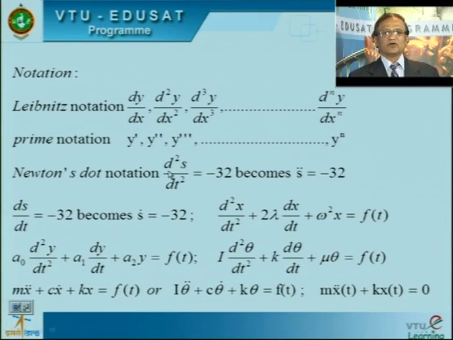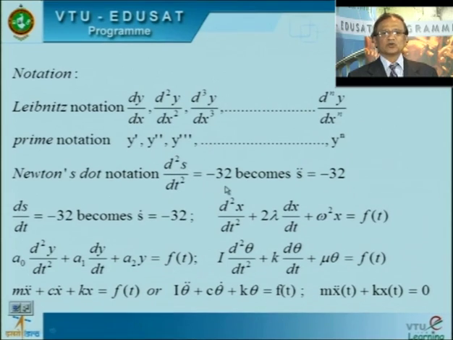For example, if you want to represent d square s upon dt square is equal to minus 32, it can be written as s double dot is equal to minus 32. Here s double dot represents d square s upon dt square. Suppose ds by dt is equal to minus 32, it can be represented by s single dot is equal to minus 32.